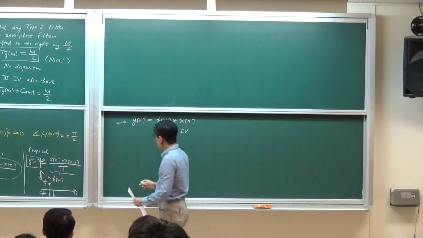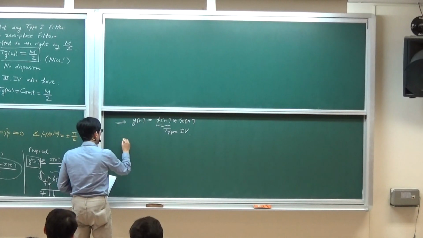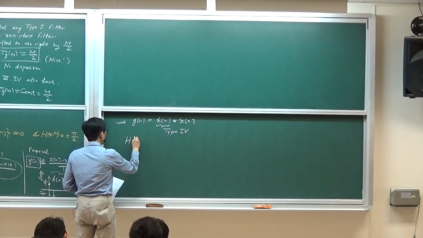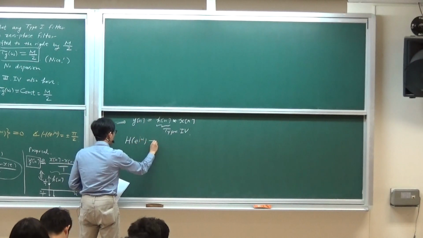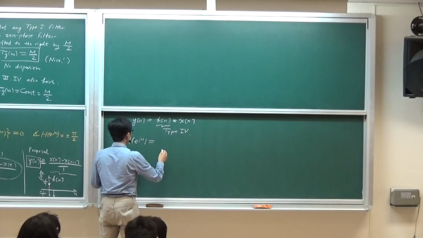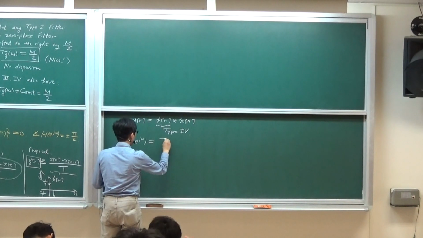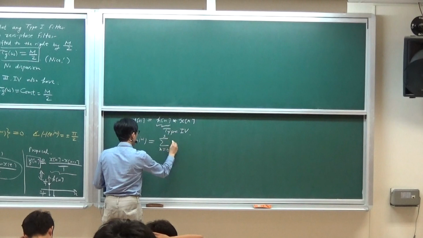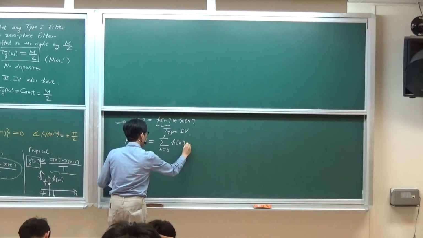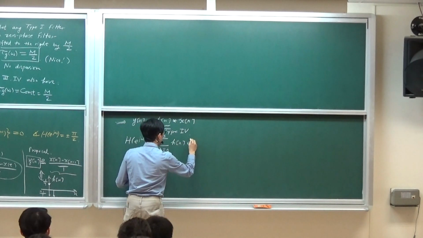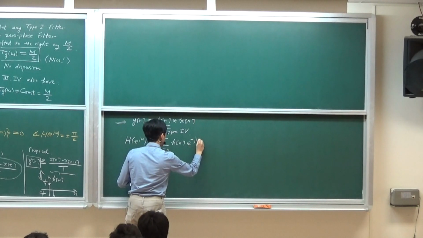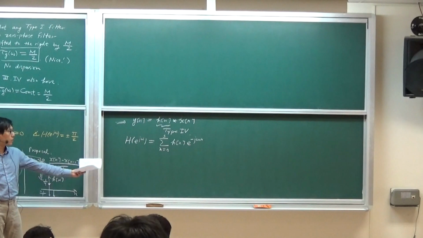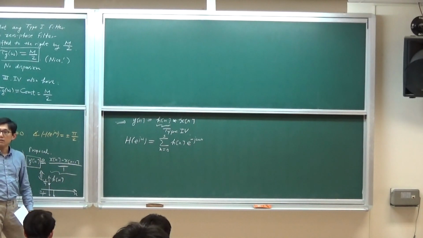But then, sure, h of n has only 2 samples. Therefore, h in the frequency domain is continuous. In the frequency domain, by definition, we have the sum over n from 0 to 1 of h of n e to the minus j omega n, right? Let's apply the definition of the DTFT and see what happens in the frequency domain.